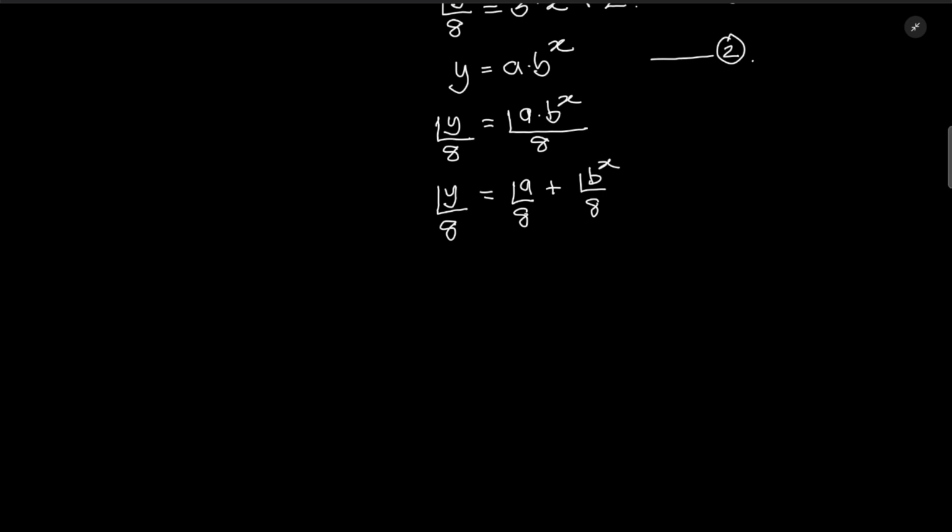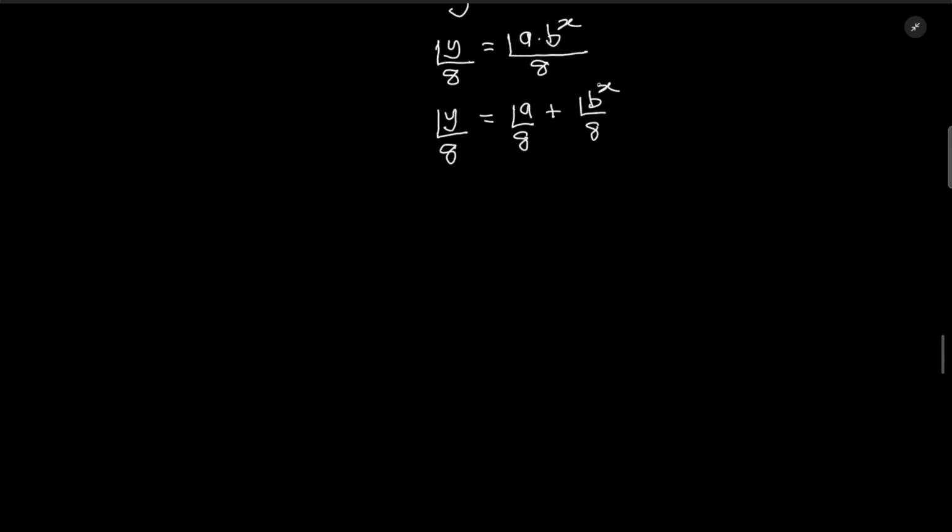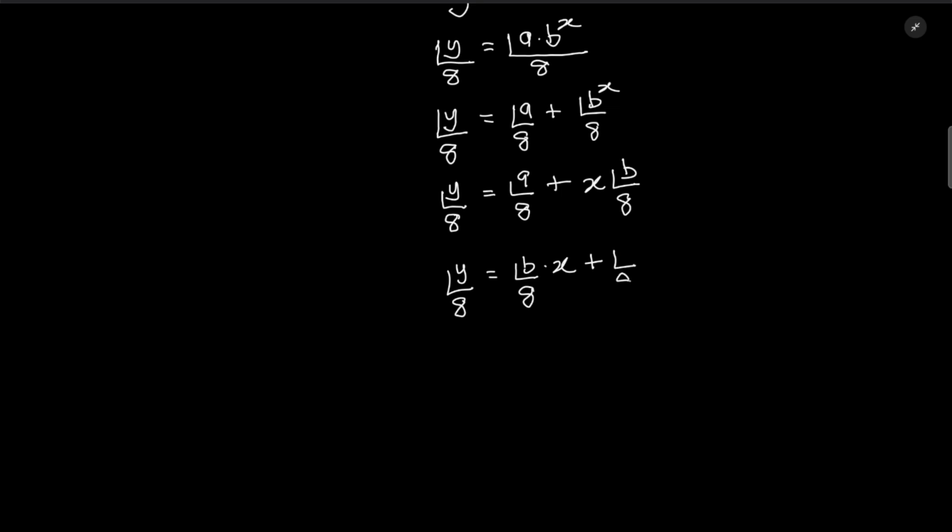Okay, you might be able to see where we're going here. We can bring this x, because it's power x, in front of the logarithm. So we get log 8 of y equals log 8 of a plus x log 8 of b. We rearrange that. Log 8 y equals log 8 b times x plus log 8 of a.